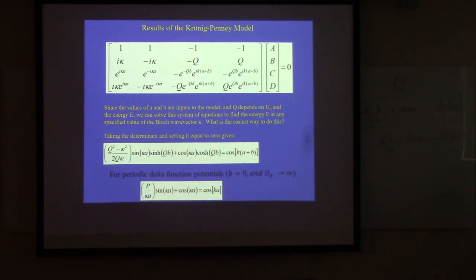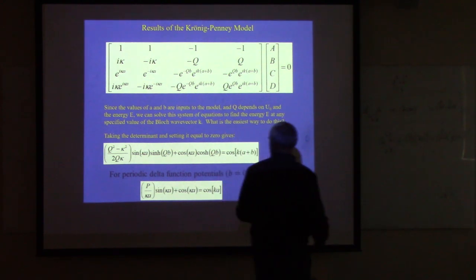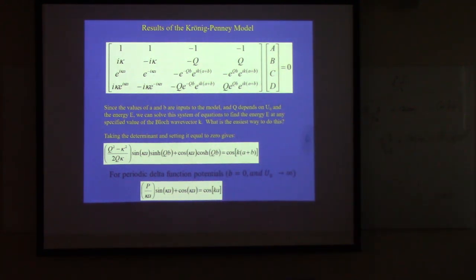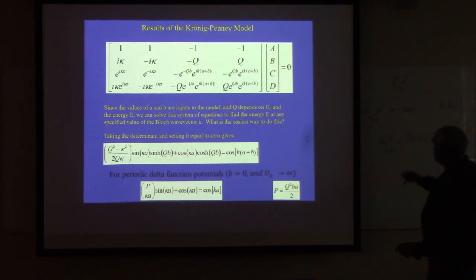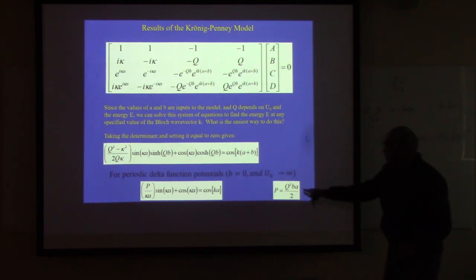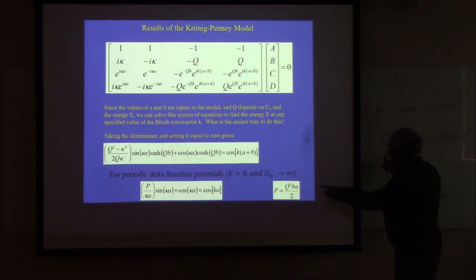So typically they introduce some factor P as q squared b a over 2. That means I can write q squared b over 2 as P over a.